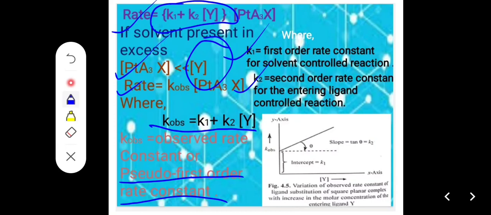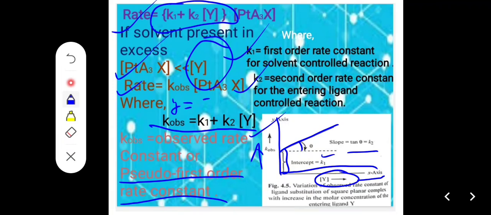Okay, if we consider the y axis as k observation and the x axis as the concentration of Y, there is a slope theta, where tan theta equals k2, and the intercept must be k1. If we plot k observation versus the concentration of Y, we can compare it with y equals mx plus c.